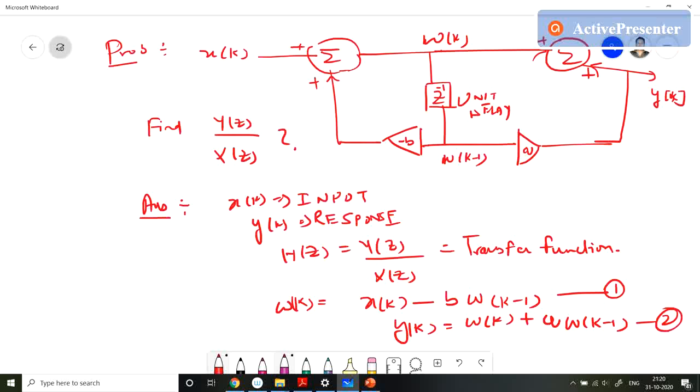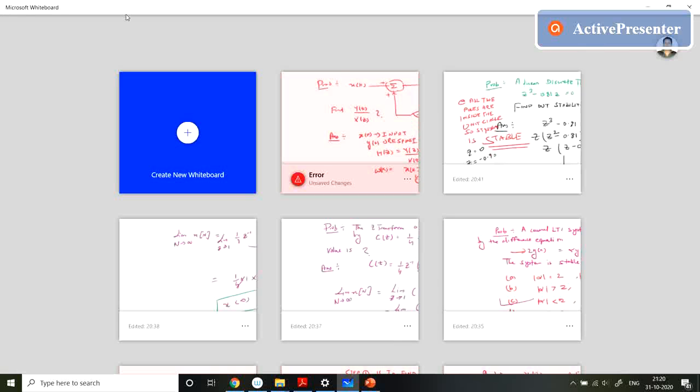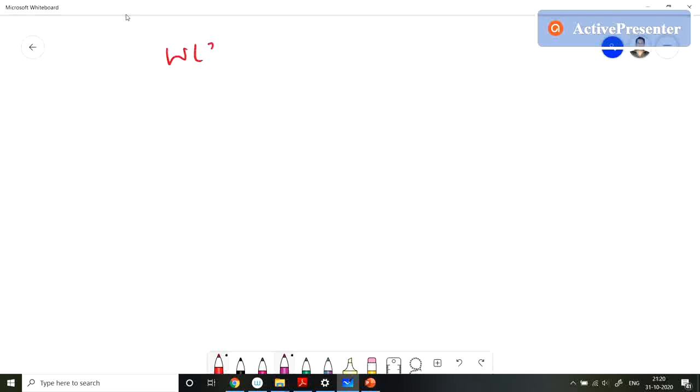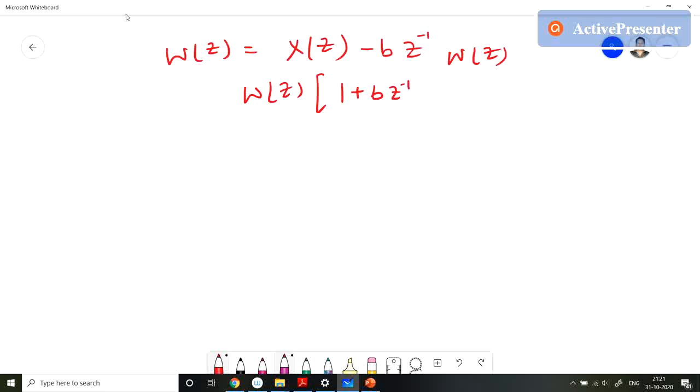Taking the z transform on both equations, what do we get? The z transform of w(k) is W(z), and of x(k) is X(z), so W(z) minus b z inverse W(z) equals X(z). Writing W(z) terms together, (1 plus b z inverse) W(z) is equal to X(z).